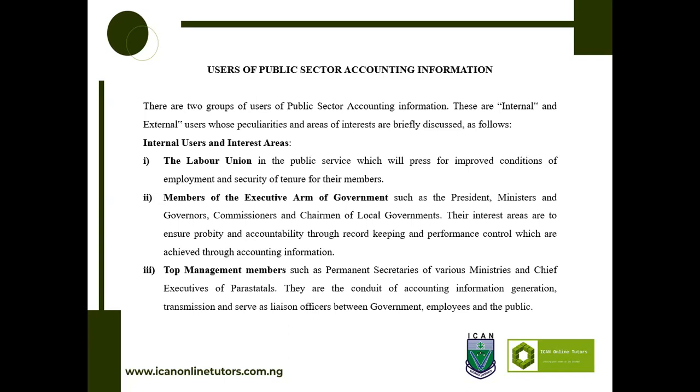At all public sector, we have permanent secretaries and chief executives of parastatals. What are their interests? What are their expectations? They are the conduit of accounting information generation, transmission, and serve as liaison officers between government, employees, and the public.